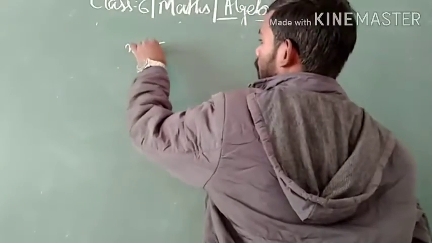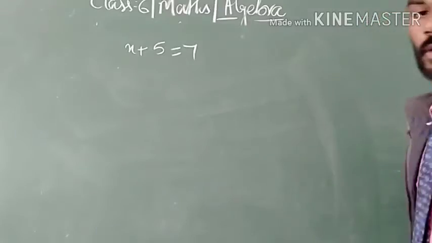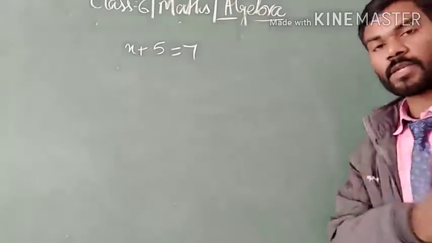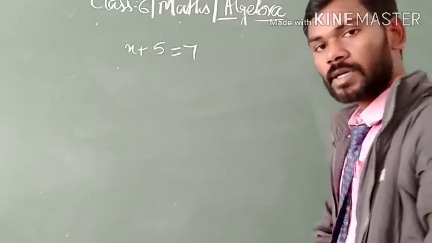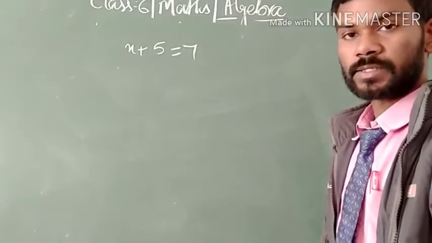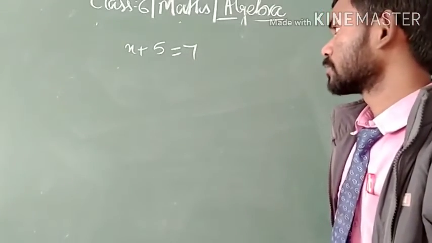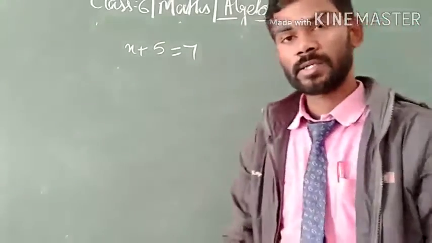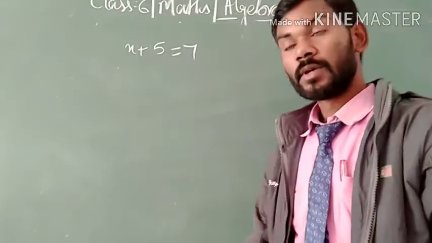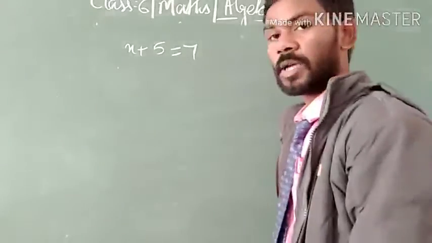x plus 5 is equal to 7 be a given equation, and we have to find the value of x. Let us see how we solve it. We have already discussed the simultaneous operation method, so we shall apply that here.